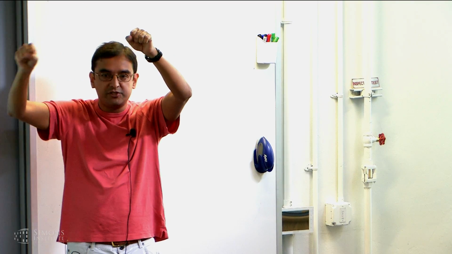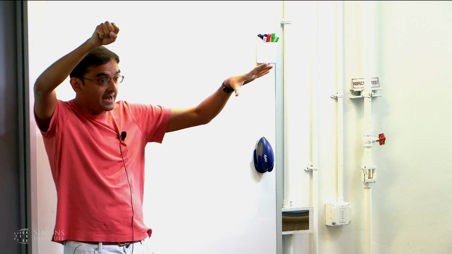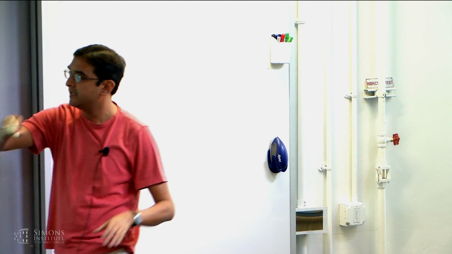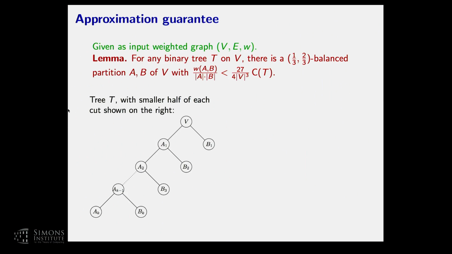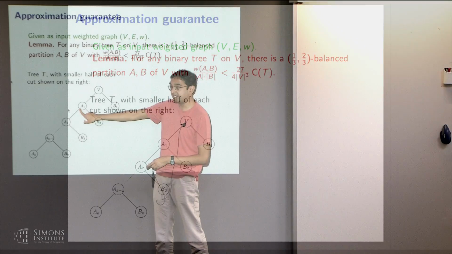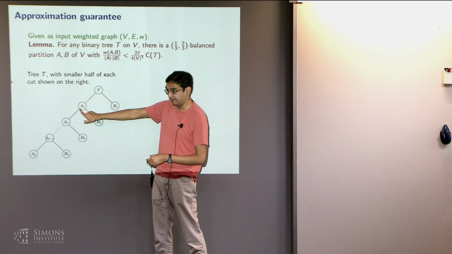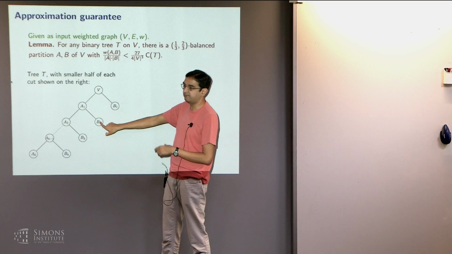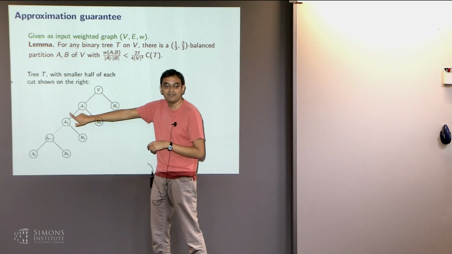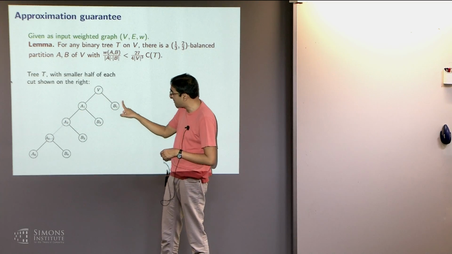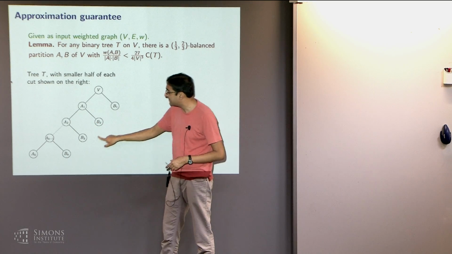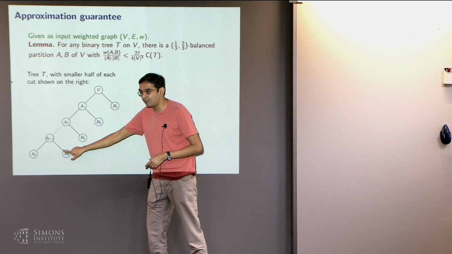Maybe it's got just 10% of the nodes on one side and 90% on the other. In which case we keep going. Let's see what the tree does next. Oh, well, we only cut off 5% this time, 85% on this side, and we keep going until we accumulate at least 1/3 of the points on one side.